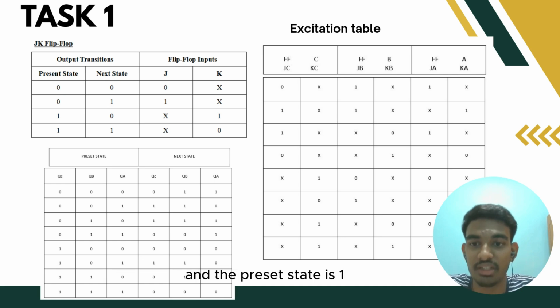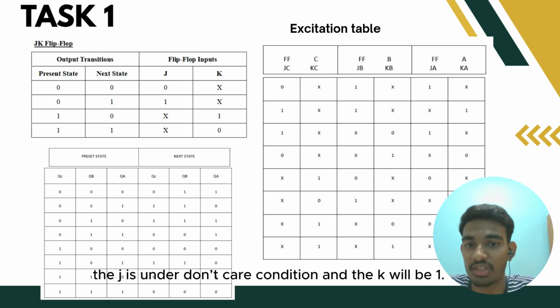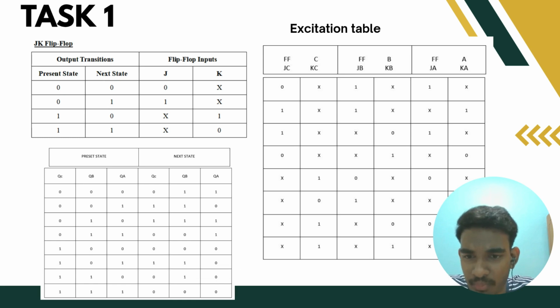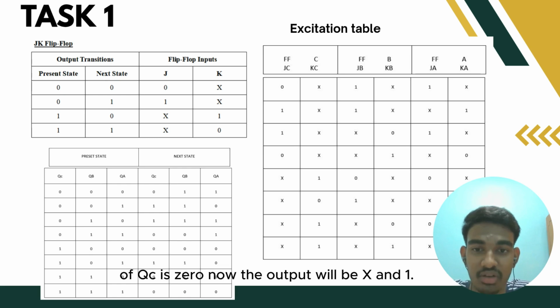Now let's see the third row of the JK flip-flop table. When the present state is 1 and the next state is 0, the flip-flop inputs J and K will be: J is a don't care condition and K will be 1. If you look at the table below, in the 5th row, Q is 1 and the next state of QC is 0.